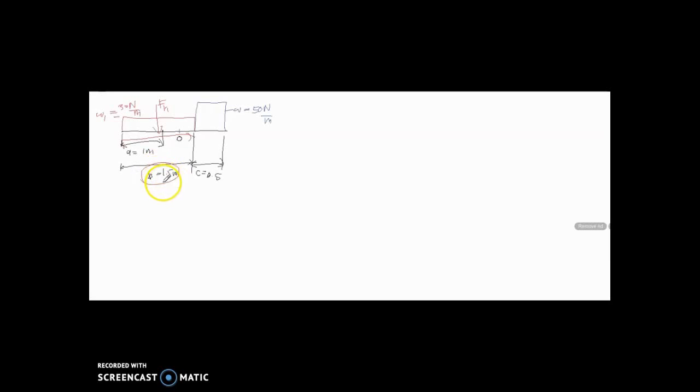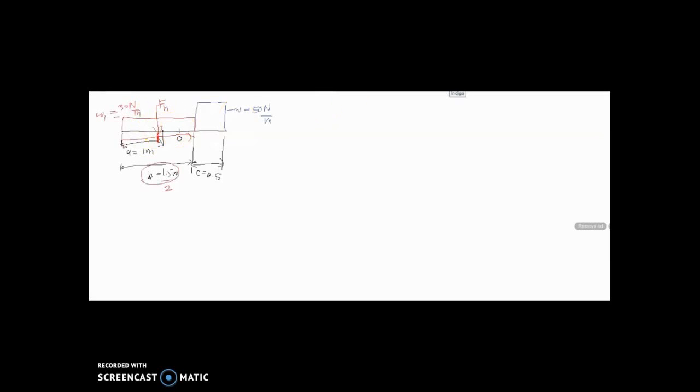So B divided by 2, you can get the center of the distance x here. That's where the FR1 acts.